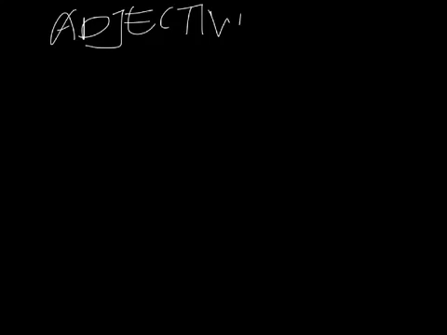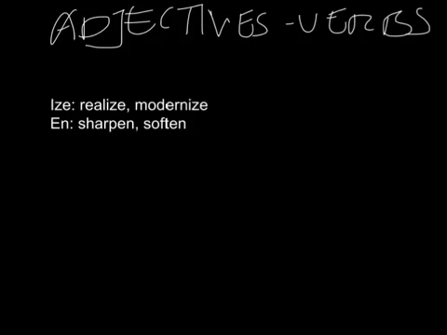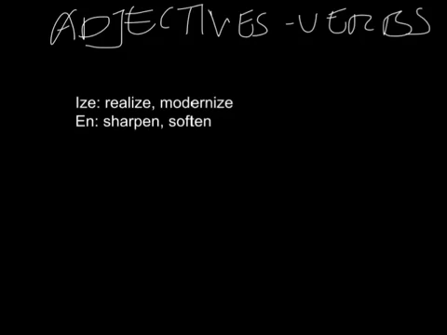And from adjectives we create verbs. We create verbs by adding these suffixes. Realize, or en. Modern, modernize. Sharp, sharpen. Soft, soften.